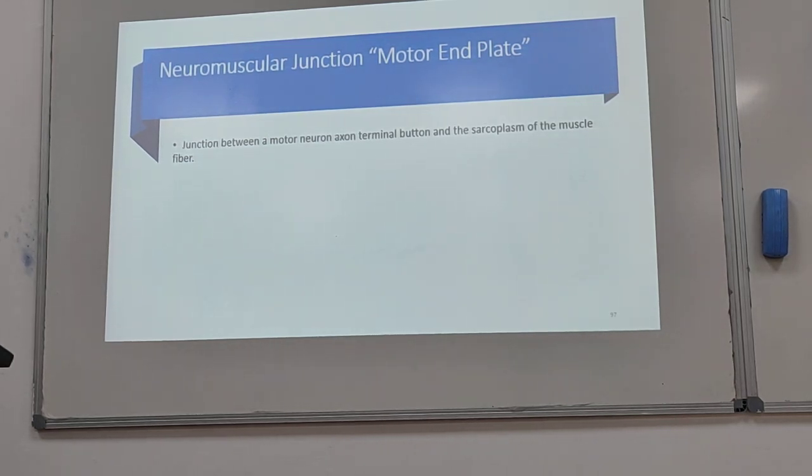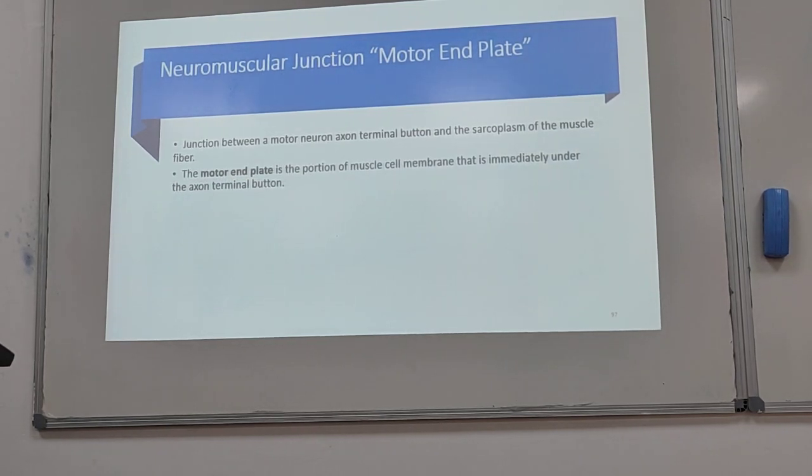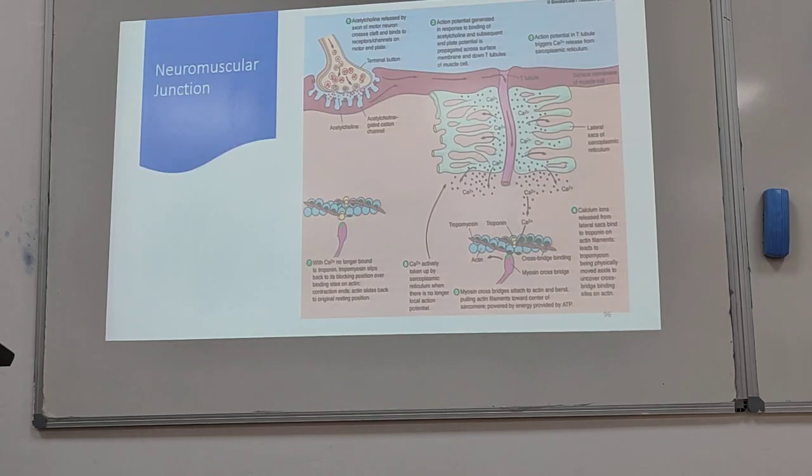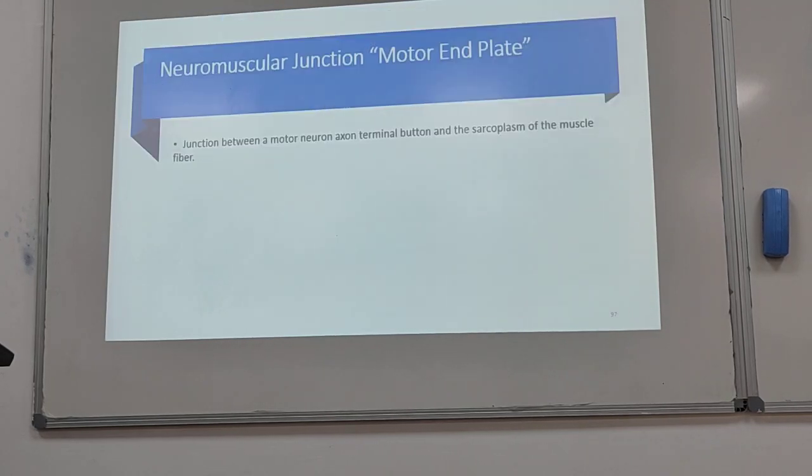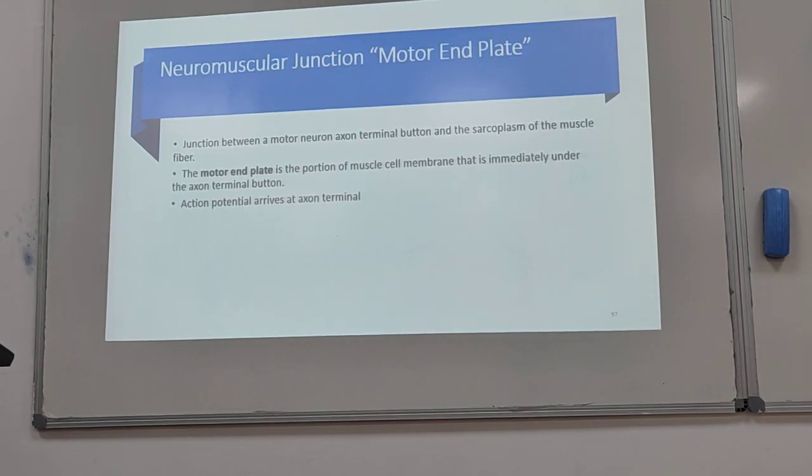So what is the neuromuscular junction? It is the junction between a motor neuron and the sarcoplasm of the muscle fiber. The motor end plate is the portion of the muscle cell membrane that is immediately under the axon terminal button. This is the motor end plate. This is the terminal button. Action potential arrives at the axon terminal.